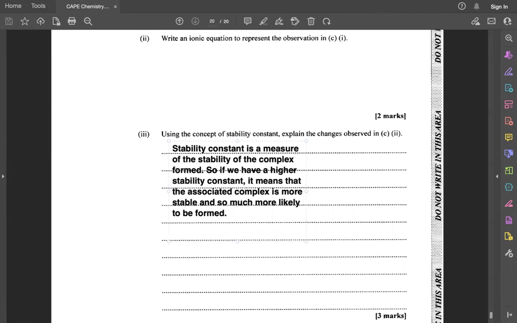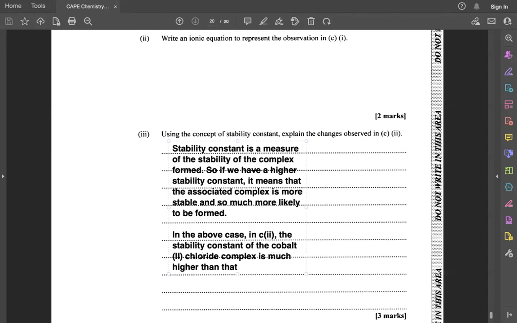So let's bring it back to the question now. In the above case, C part I, the stability constant of the cobalt 2 chloride complex is much higher than that of the complex we had initially.